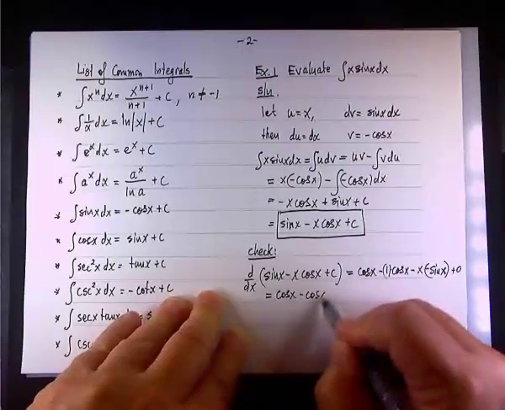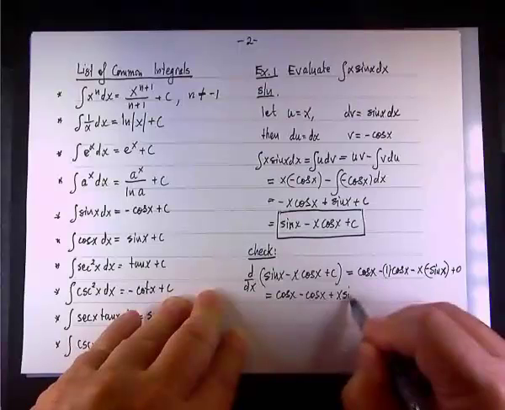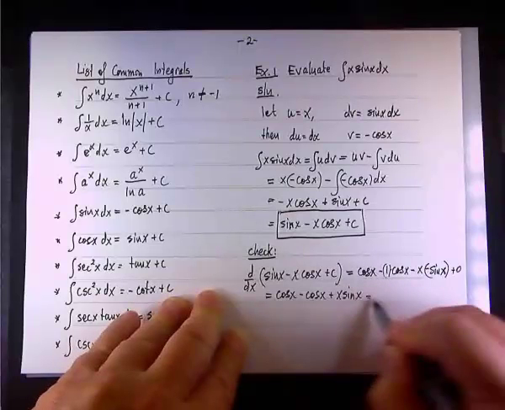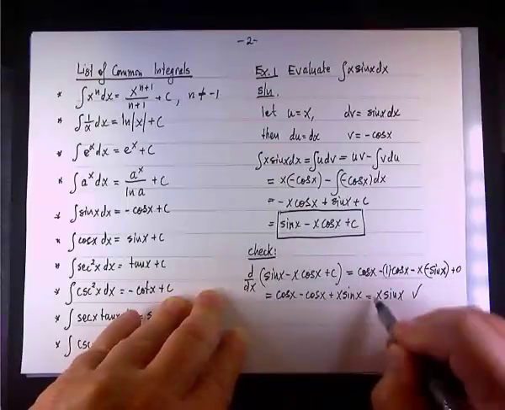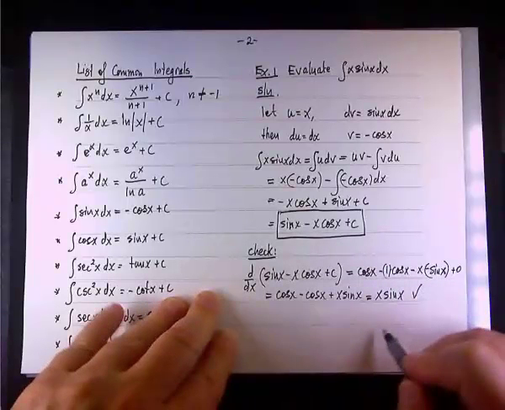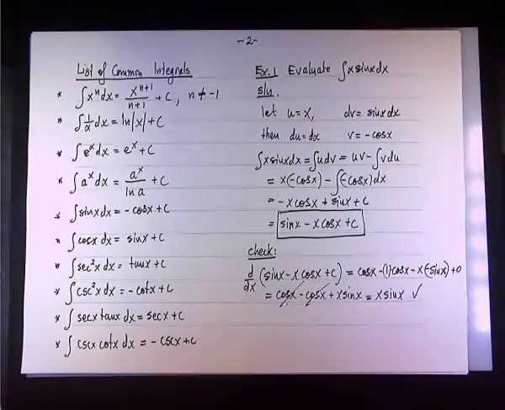So we end up having cosine x minus cosine x, double negative here, plus x sine x. Indeed, we end up having x sine x. Yes, we got the right result. Lucky us.